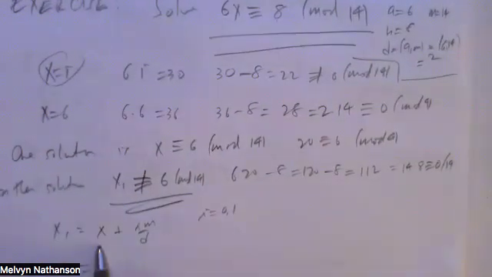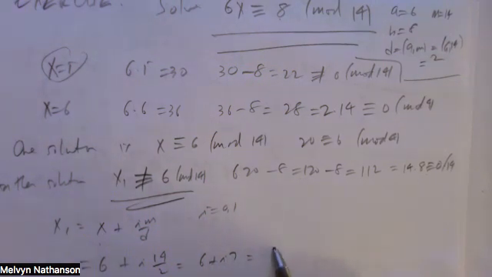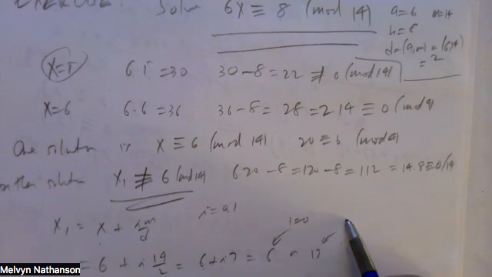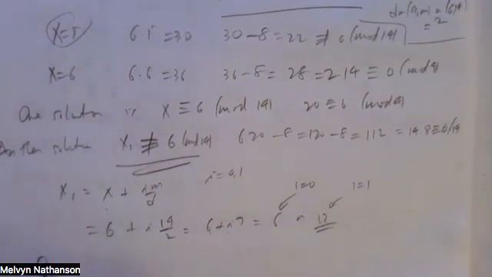i is either 0 or 1. One solution we found was x equals 6, plus i times m over d. m is 14, d is 2, so 6 plus i times 7. So we get either 6 if we choose i equal to 0, or 13 if we choose i equal to 1. So 13 should be another solution.